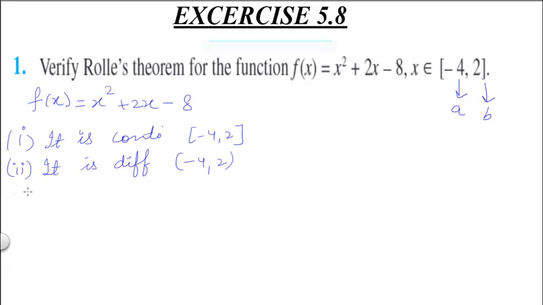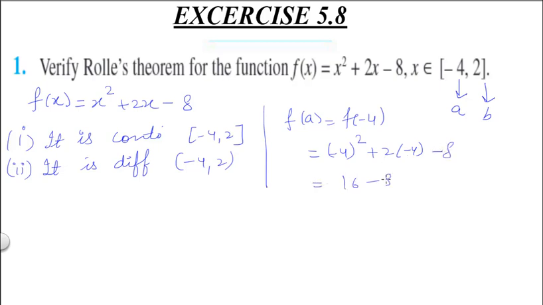Now the third condition is we need to check f of a and f of b as equal. F of a means f of minus 4. Put minus 4 in this: minus 4 whole square plus 2 into minus 4 minus 8. We get 16 minus 8 minus 8, which is equal to 0.